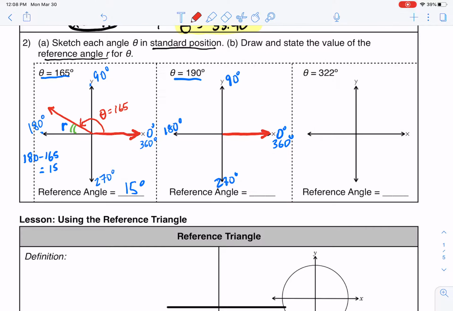And now I need to go all the way to 190 degrees. Well, 190 is somewhere between 180 and 270. It's much closer to 180. So I'll sketch my angle in here. I'm going to indicate how I rotated that angle, which is this way. So that's my theta.